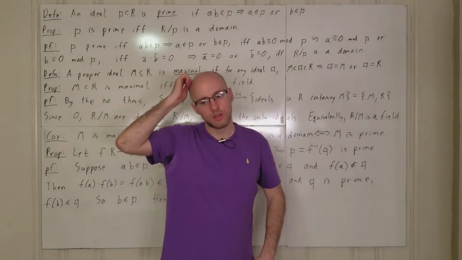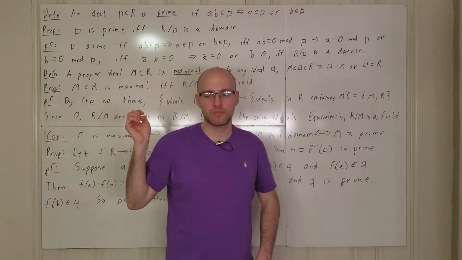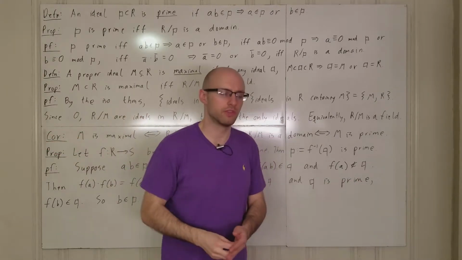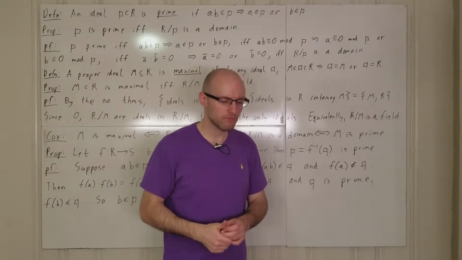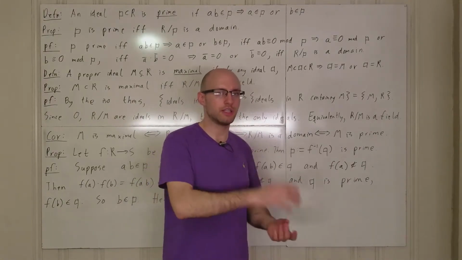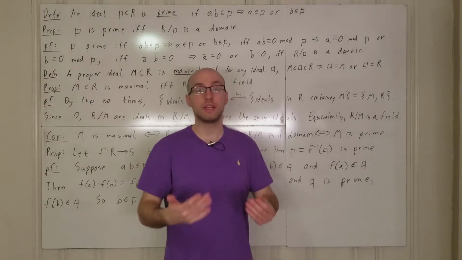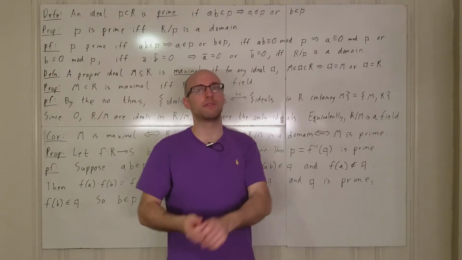So this ideal that we started with was the whole field. That means that any non-zero ideal in a field is the field itself, and therefore the only ideals in a field are 0 and the field itself.